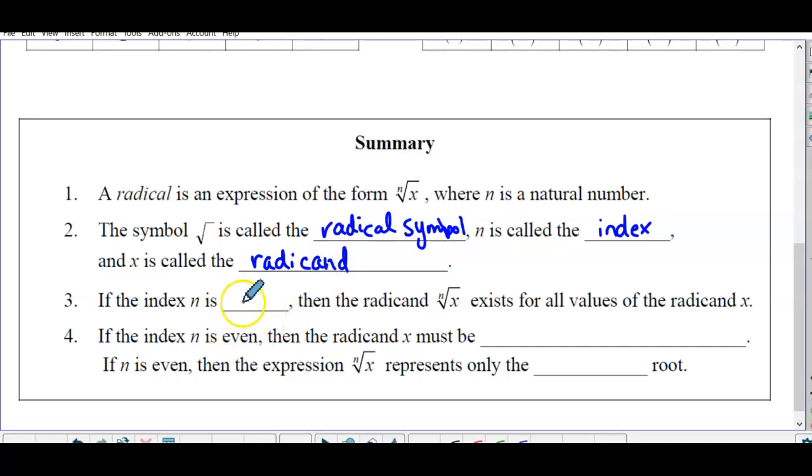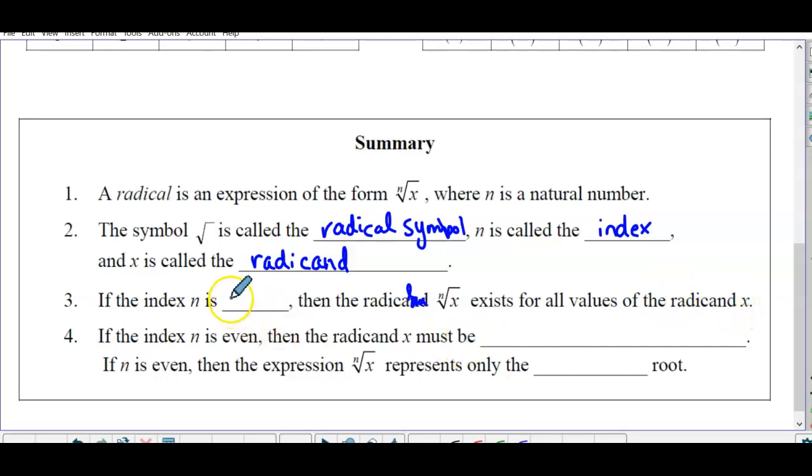If the index n is odd, then the radical exists for all values of the radicand x.